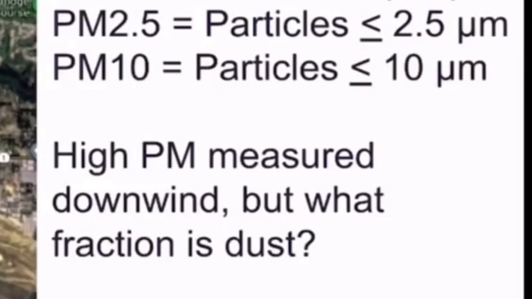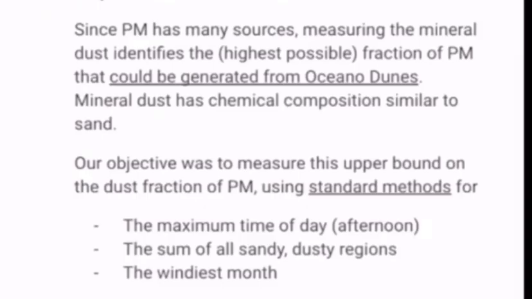In order to figure out the part that could be dust, we set out to measure the chemical composition to know how much is actually dust. The BAM, or Beta Attenuation Monitor, run by SLOAPCD at CDF, measures mass by absorption of beta radiation, and that's a fancy way of saying it measures the total amount of suspended stuff from all types of sources and all chemical components.